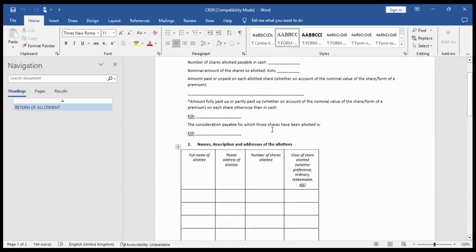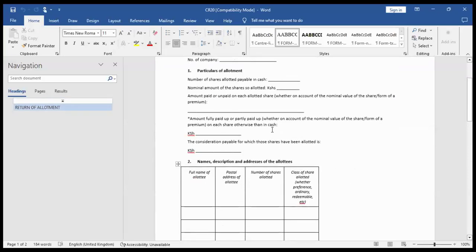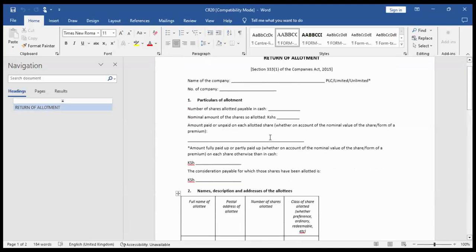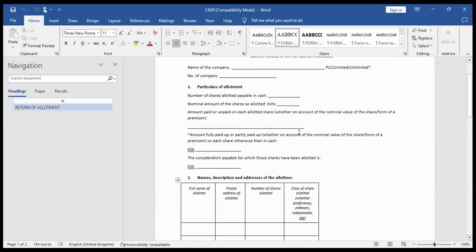The allottee is David, right? It is the company which is allotting, not an individual. If you look at the question, it says the shares for the sisters.